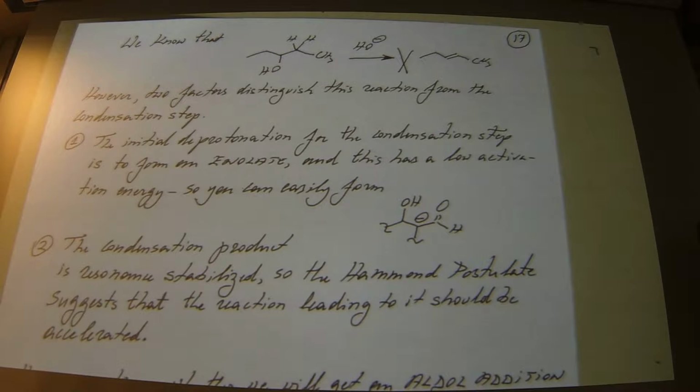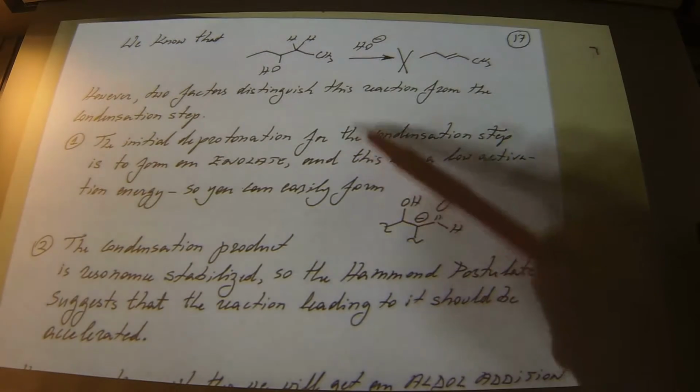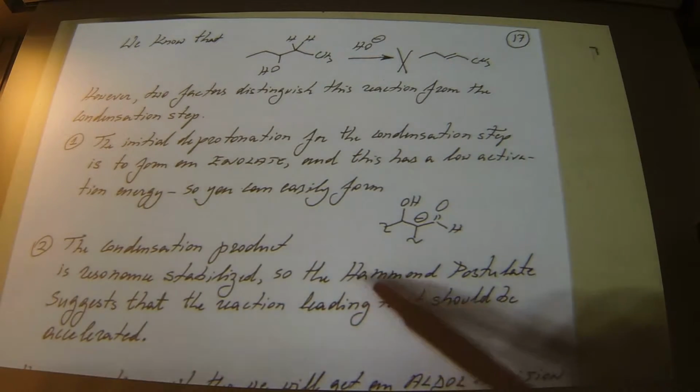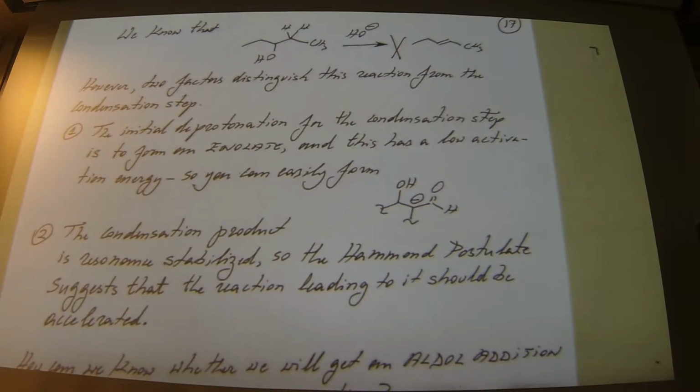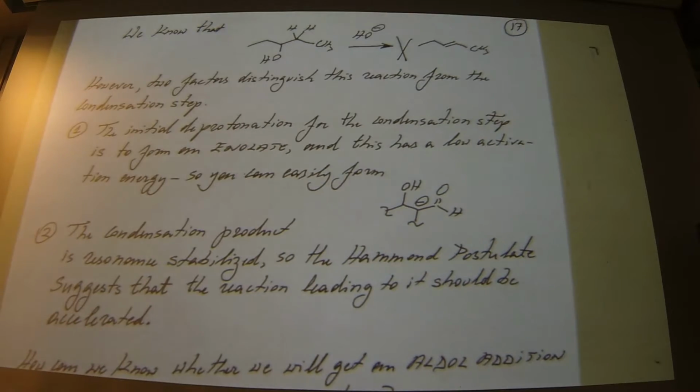That means, from Hammond's postulate, that the transition state that leads to that stable alpha-beta unsaturated carbonyl is also stable. And so for these two reasons, a reaction that looks as if really it shouldn't work, works quite well. And so alkyl condensation reactions are very easy to do, as we will see.